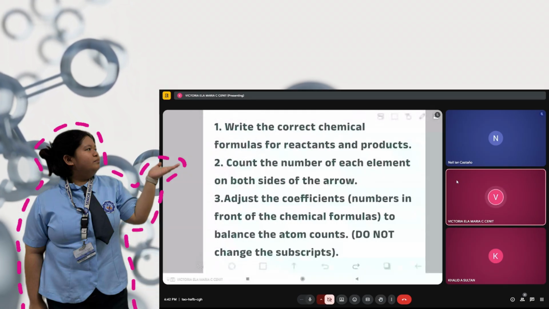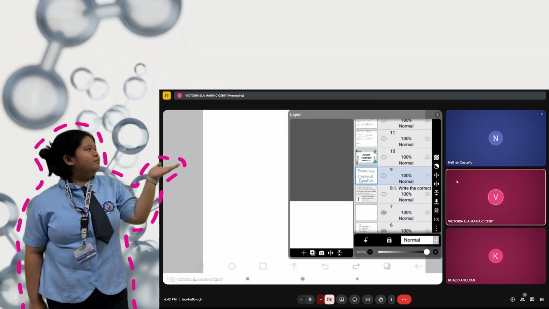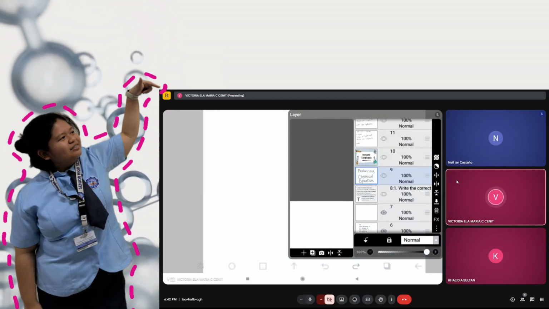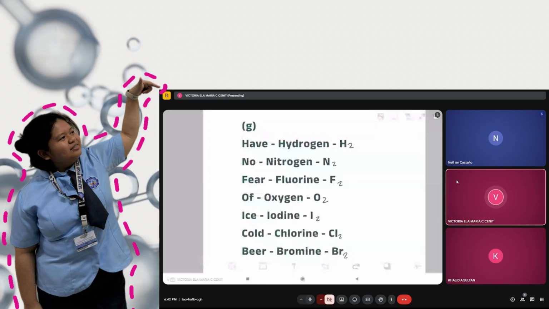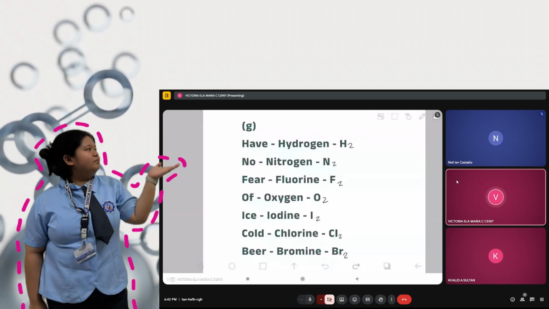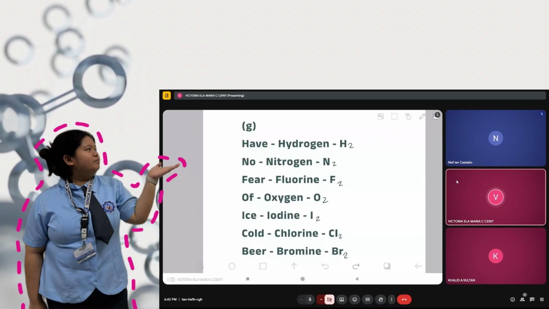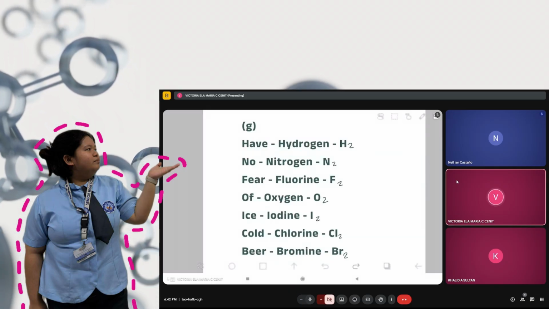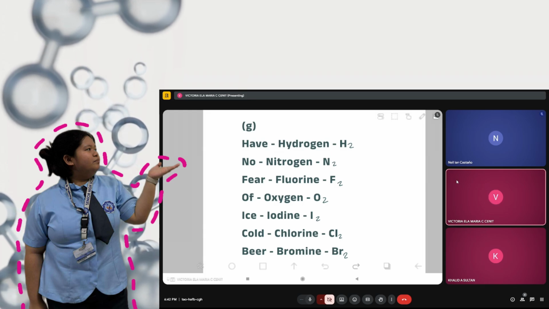Do not change the subscripts. There is also a mnemonic device we can use to memorize the diatomic atoms, which are hydrogen, nitrogen, fluorine, oxygen, iodine, chlorine, and bromine: have no fear of ice cold beer.